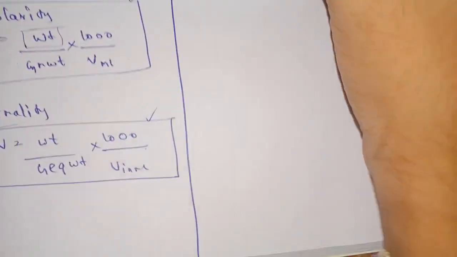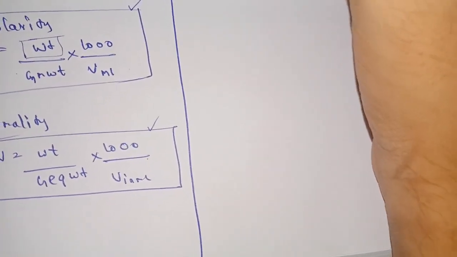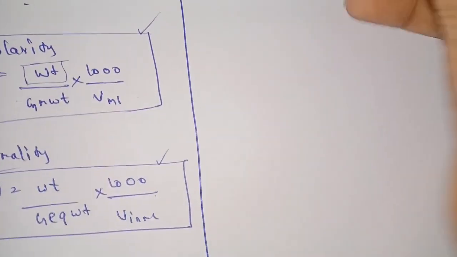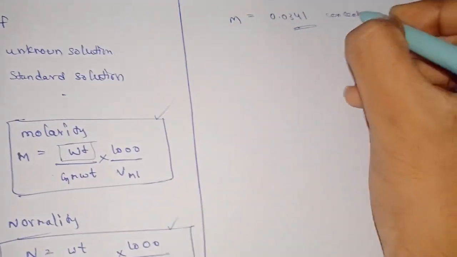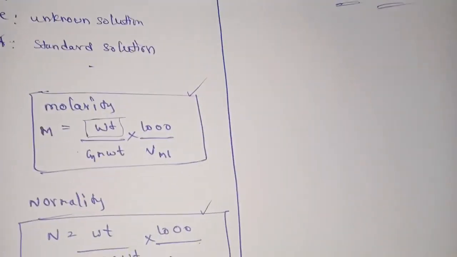So the weight is 0.5 of NaCl into 1000 by 250. NaCl is 58.5, so 0.5 by 58.5 gives 0.0341. So it is the molarity, meaning the concentration. From the molarity formula we will get the concentration.